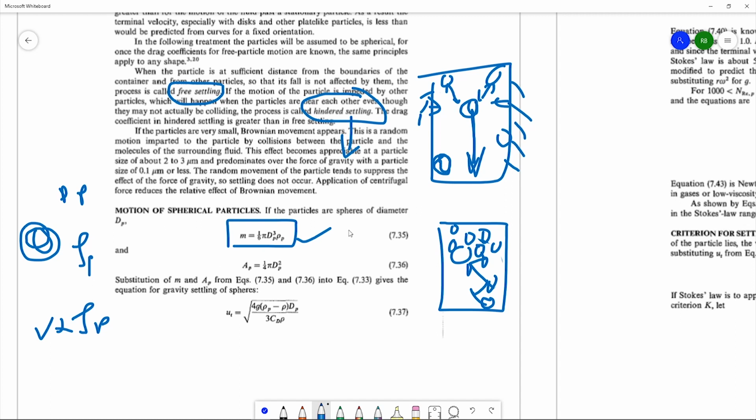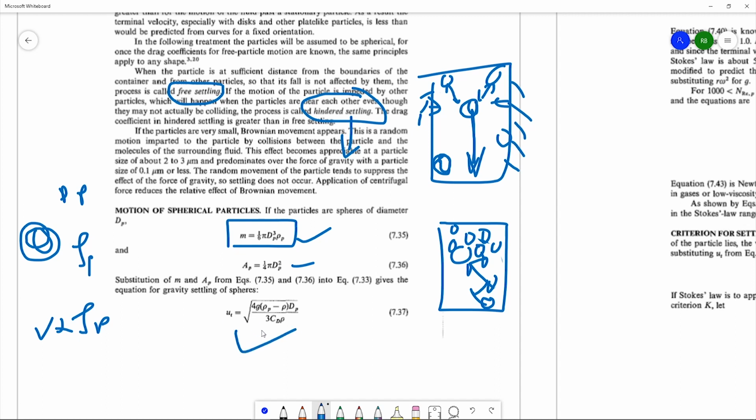What is the projected area? As I told you, for a spherical particle, the projected area is nothing but the circle of diameter dp, right? So it is the same. If you put these two values in the previous equation, for gravity settling, this was the equation.